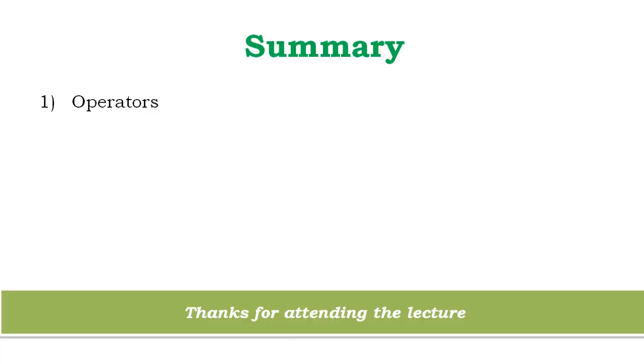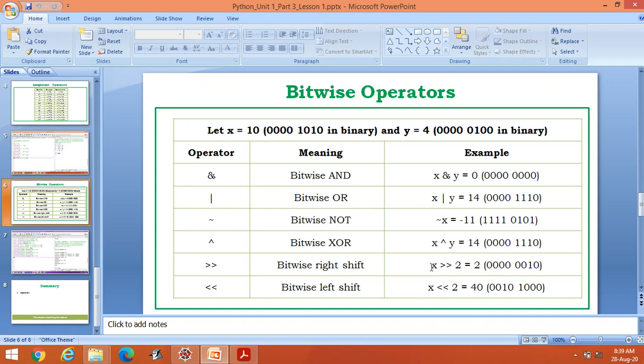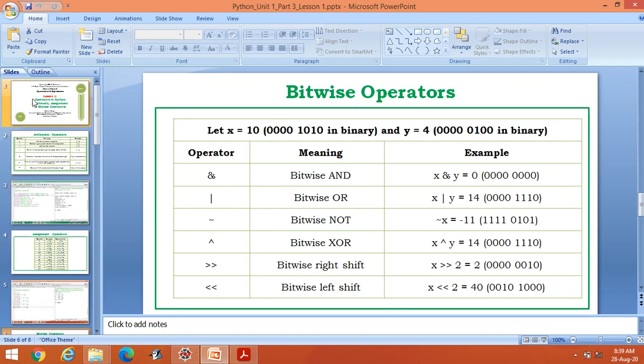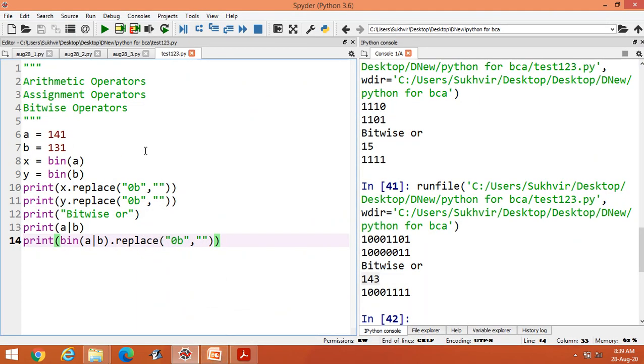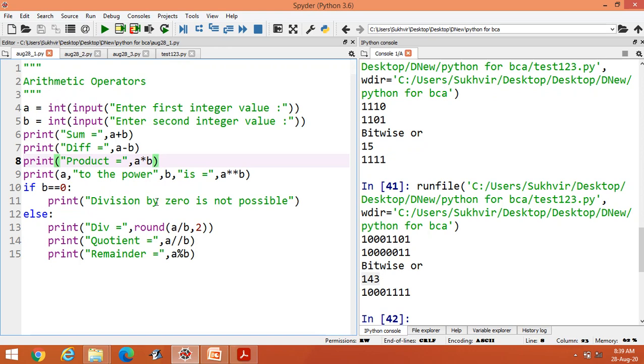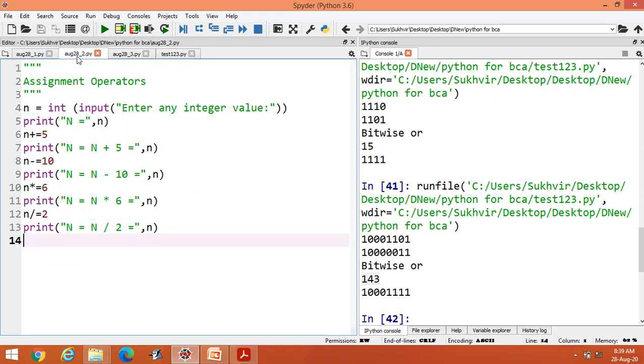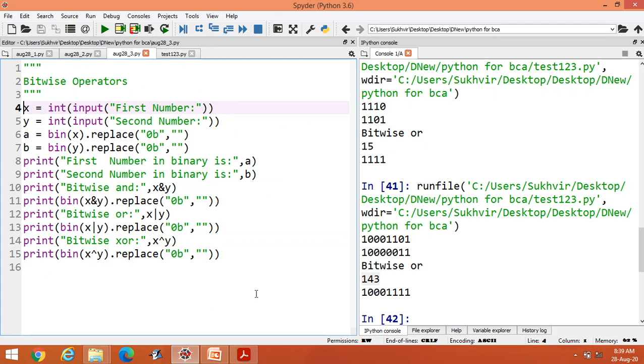Basically, we covered three categories of operators in this video: one is arithmetic operator, second is assignment operator, and third is bitwise operator. Hope you understand the content. This one is arithmetic operator, this one is assignment operator, and this one is bitwise operator.